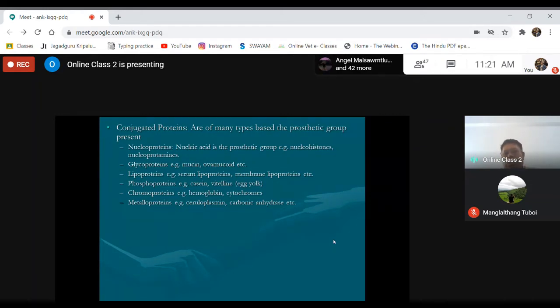Then you have the cytochromes, where the heme group is also present. Then metalloproteins, meaning containing metal ions, like ceruloplasmin which contains copper, and carbonic anhydrase which contains zinc. So these are the proteins which contain metal ions.